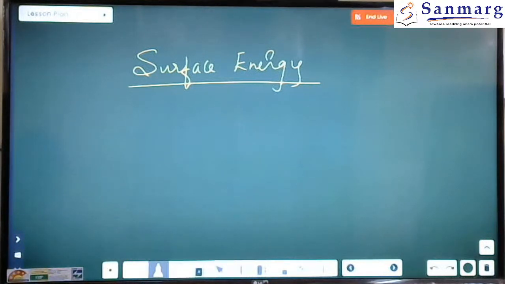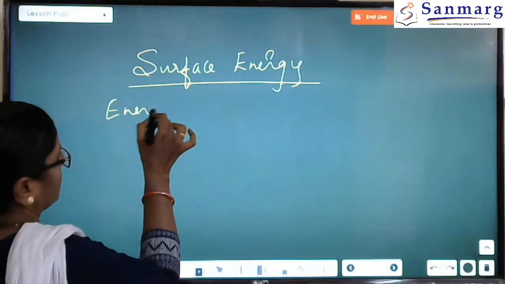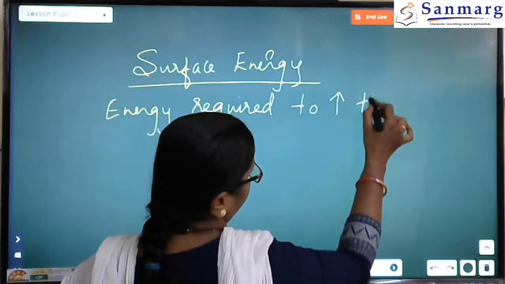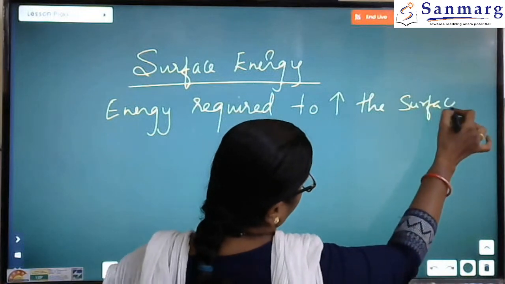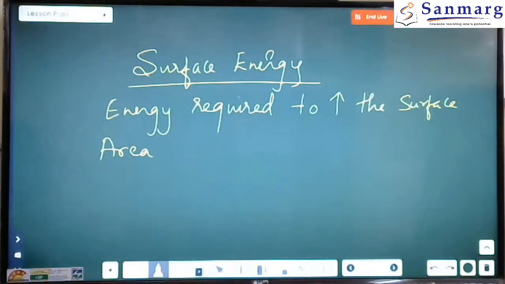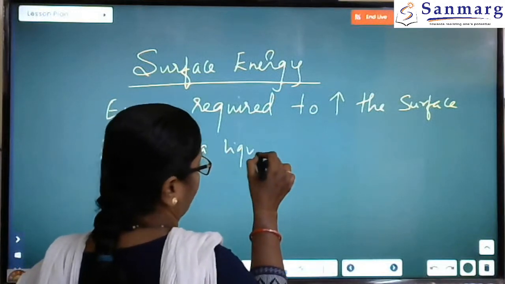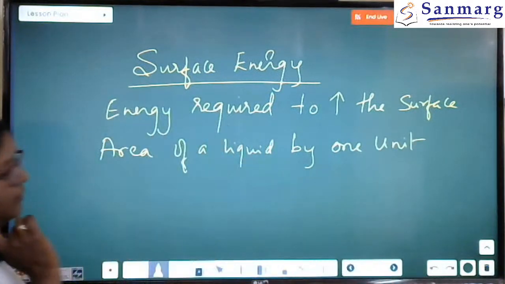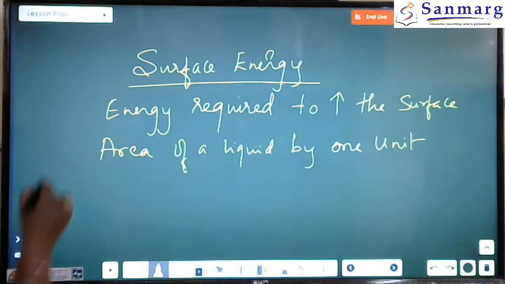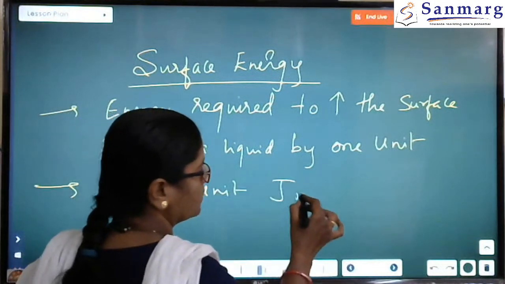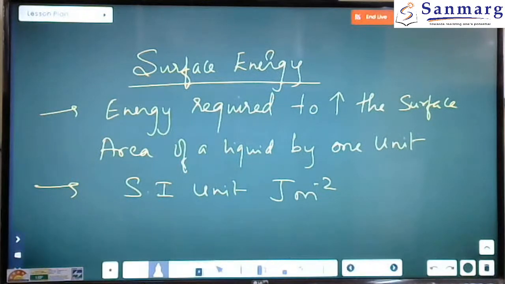Energy required to increase the surface area of a liquid by 1 unit is called surface energy. The SI unit is joules per meter square.